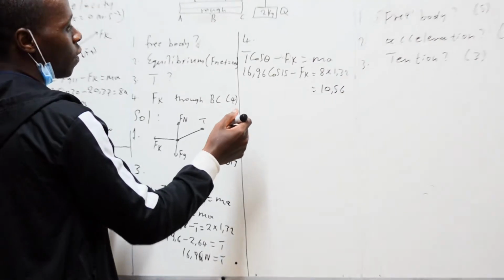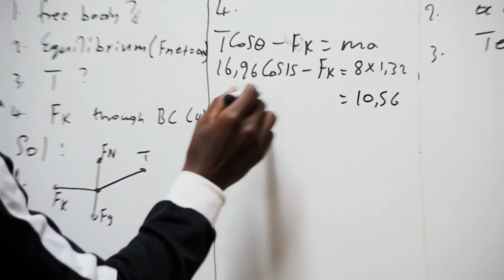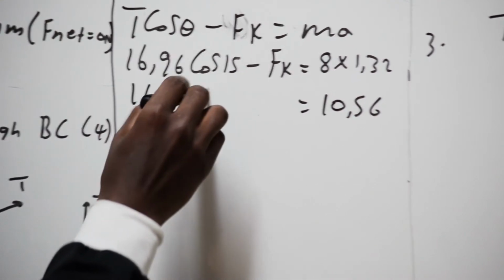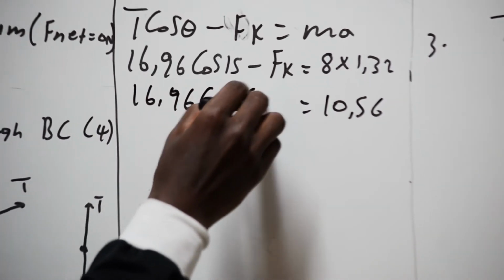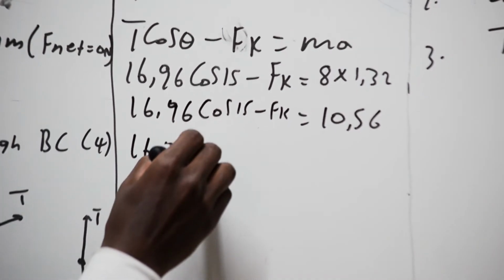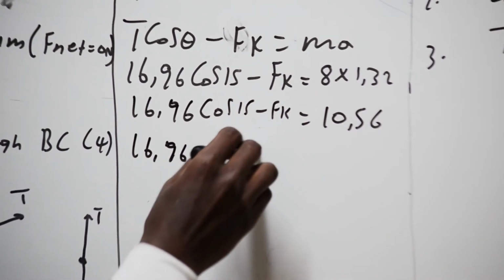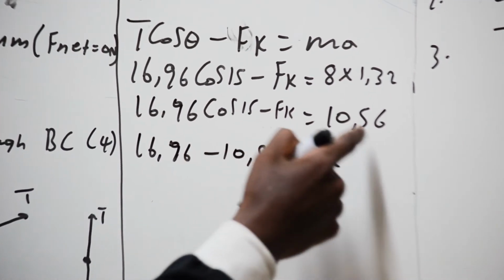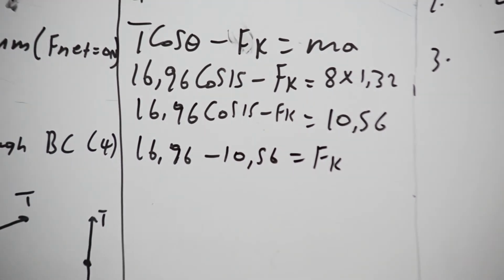Okay, so this is the value. Then your Fk will be equal to 16.96 cos 15 minus Fk. So 16.96 cos 15 minus 10.56 equal to Fk.